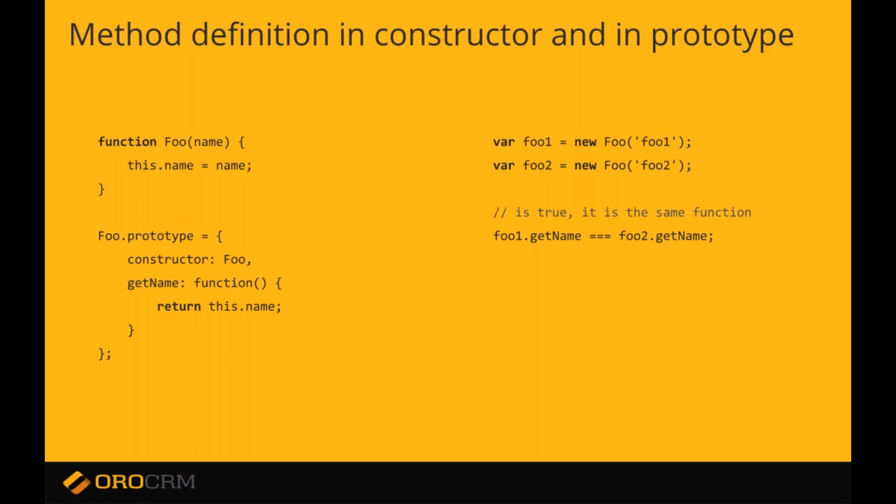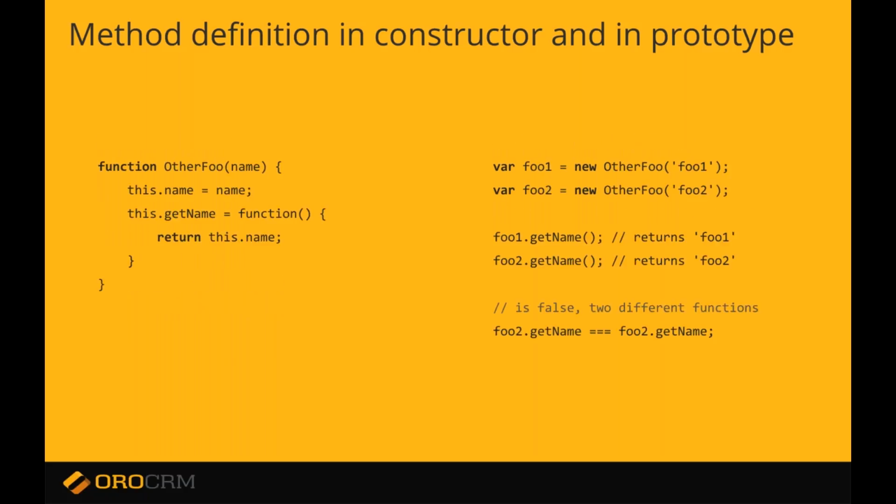Once we create two instances of the same constructor, we get the functionality on both instances, and if we check, foo1 getName will be strictly equal to foo2 getName. It means that both of them are referenced to the same function object getName. I hope it's clear.